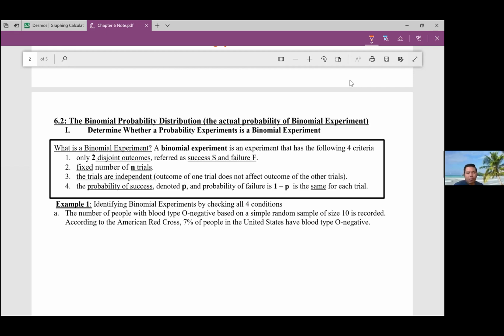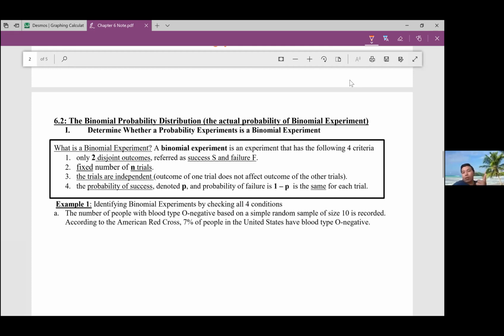Number 2, it has to be a fixed number of n trials, meaning that Grayson was asking, can we do 72? Yes, absolutely, it's just fixed. As long as you don't do an infinite number of trials, you will always have the binomial probability distribution. Number 3, the trials are independent, meaning that the outcome of one trial does not affect the outcome of the other trials, right?